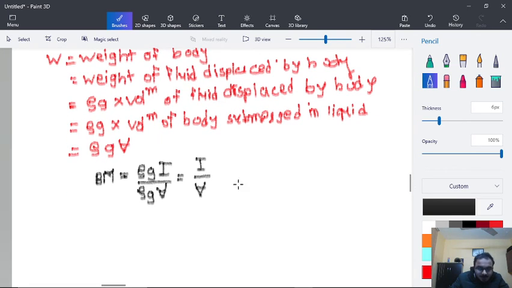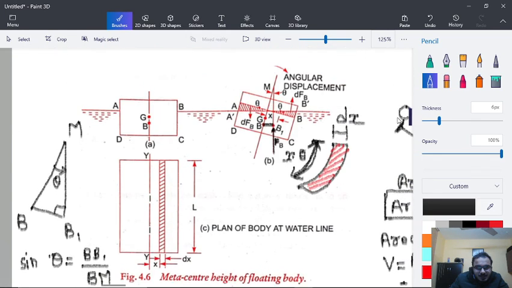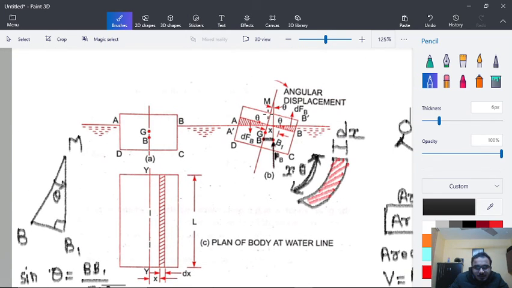So now we require the value of GM, that is metacentric height. If you see here on this line, we have G somewhere here.